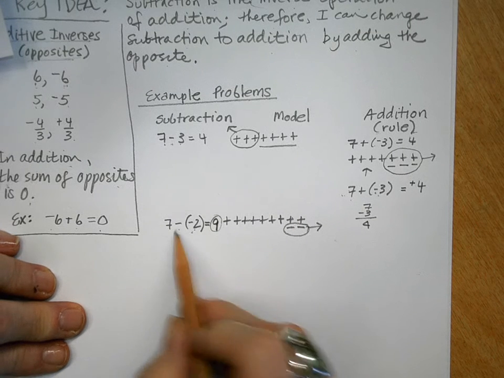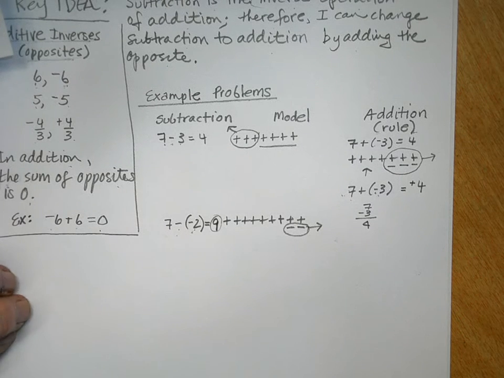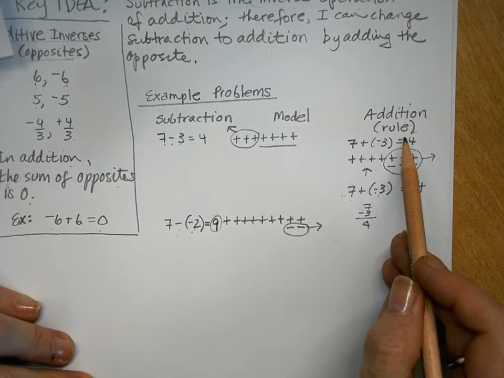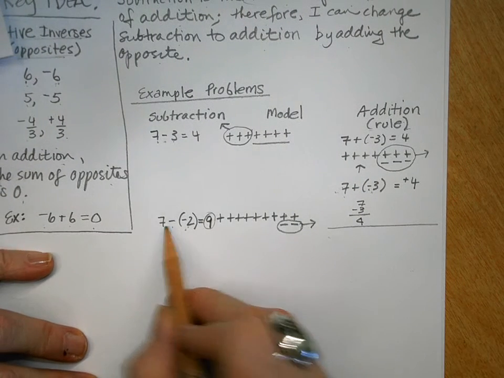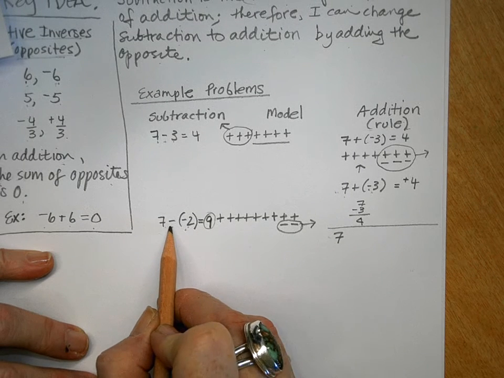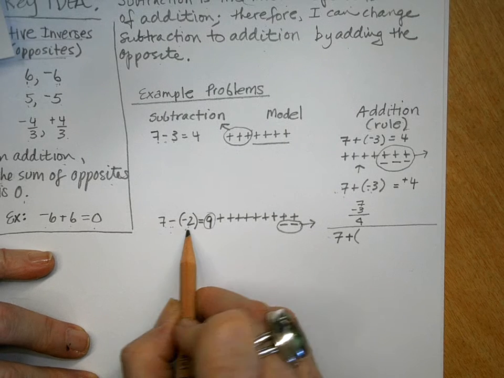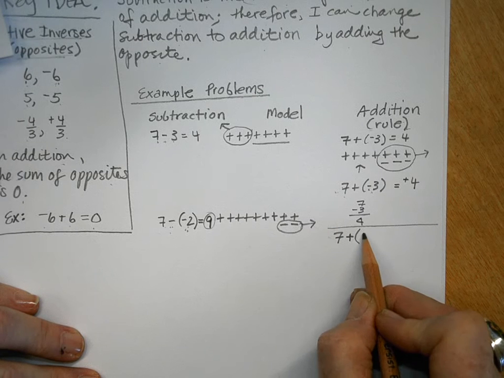Now I can't use the integer rules for subtraction. It only applies to addition. So if I want to use my integer rule, I need to change this problem to an addition problem. So I have 7. I'm going to change my subtraction to addition, and I'm going to add the opposite of this value, which is -2. The opposite would be +2.